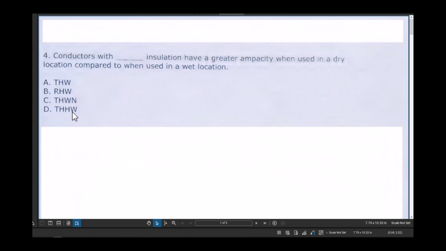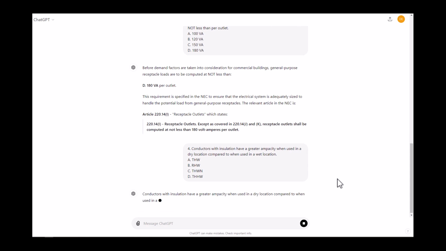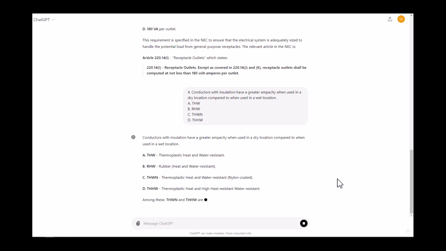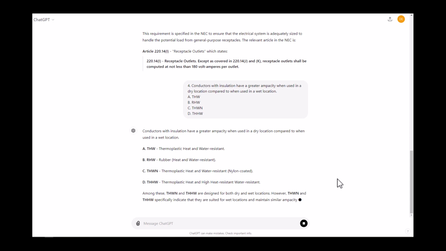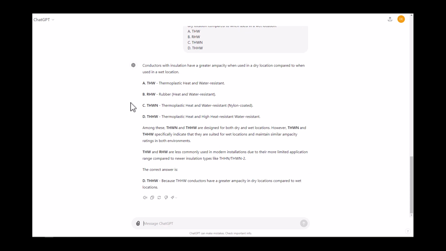Let's go to ChatGPT to see what the answer from ChatGPT is. I already put the question here. If you read through this explanation, we just get THHW.